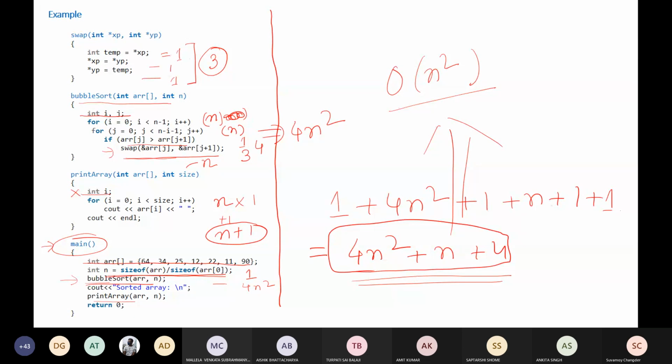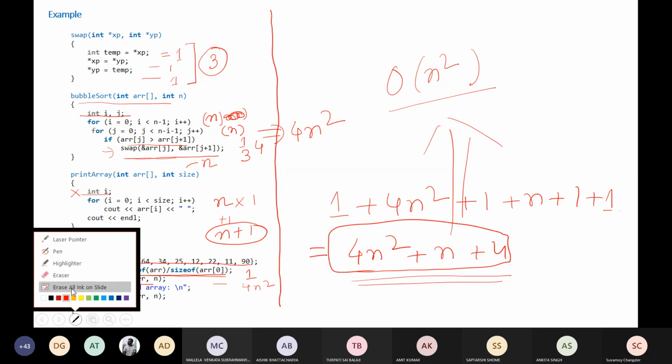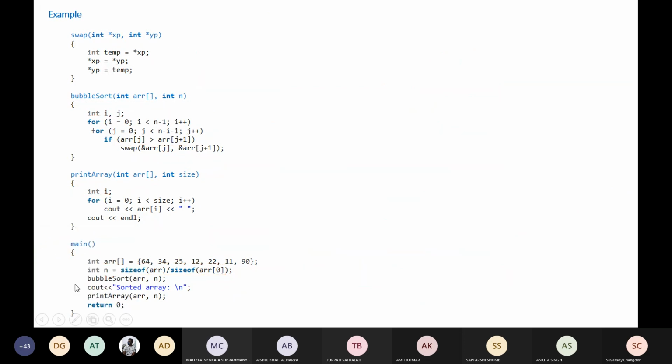But before that, today we will discuss what is the meaning of time complexity, because most people make a mistake: time complexity analysis means to find the execution time of a program, which is a wrong thing.